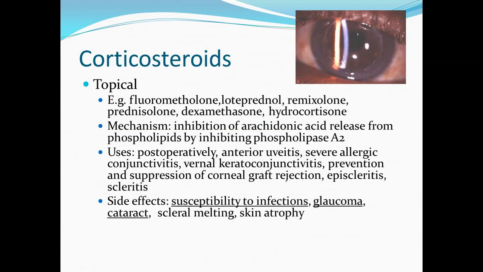The other indications are anti-uveitis, severe allergic conjunctivitis, vernal keratoconjunctivitis, prevention and suppression of corneal graft rejection, episcleritis, and scleritis. The adverse effects of topical corticosteroids include susceptibility to infection, glaucoma, cataract, scleral melting, and occasionally skin atrophy also.